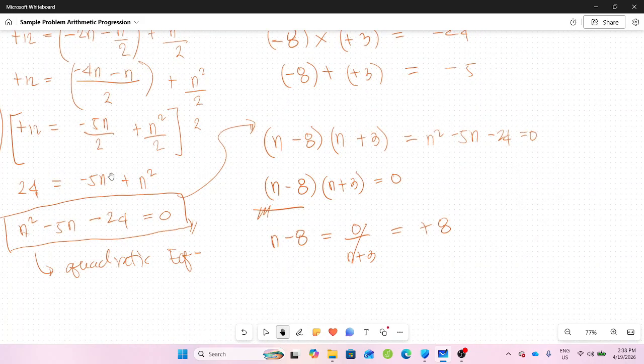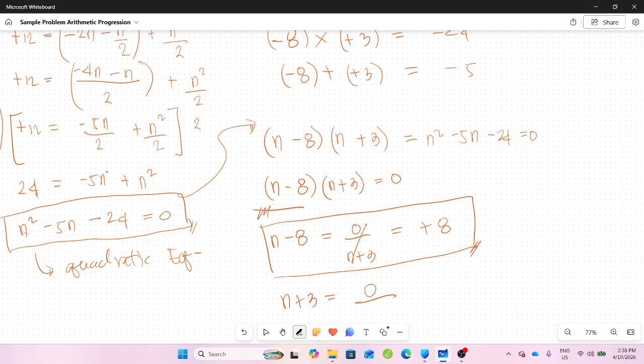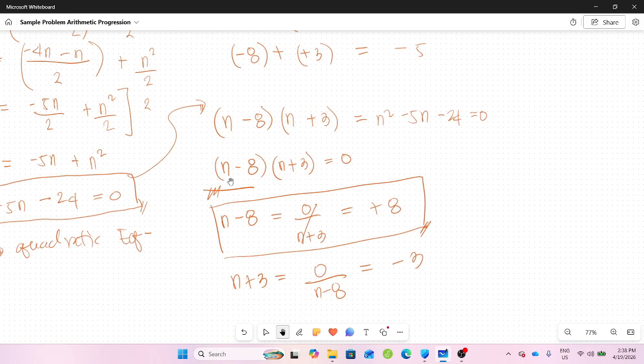This is our first answer, and let's check the other one. So n plus 3 equals 0, and we get negative 3. Now, at this part, we're going to decide which of these two answers is correct.